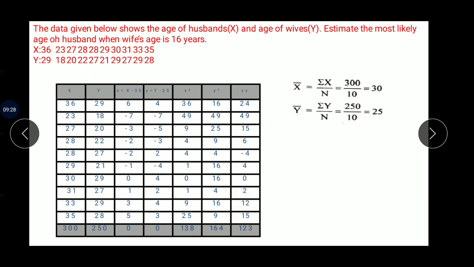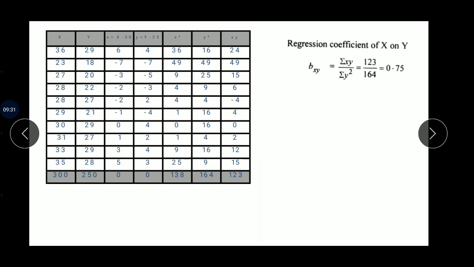So now we'll calculate the regression coefficient of x on y, bxy, which is summation small x small y upon summation small y square. Summation xy is 123, so we'll put it here, and summation y square is 164. We'll put it here, and it comes out to be 0.75.